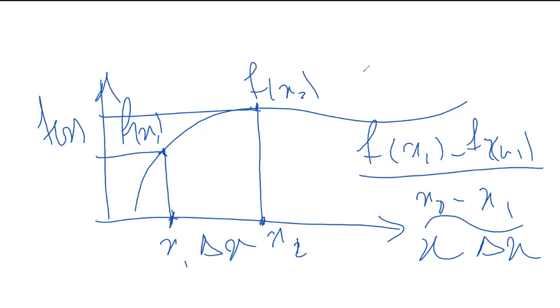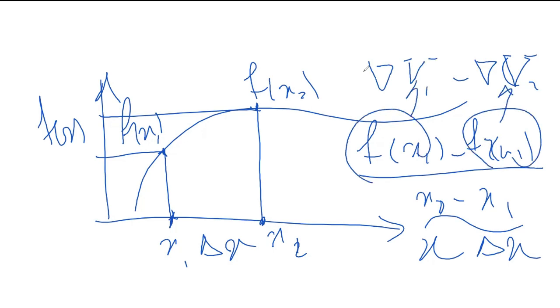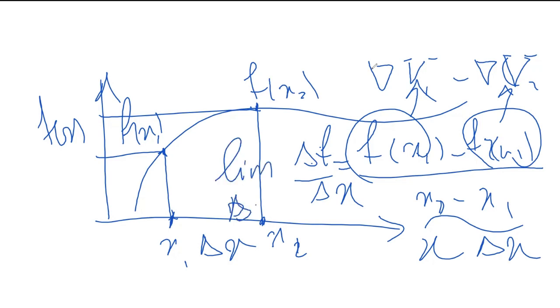In the case of the differential accelerometer, we have delta v2 minus delta v1. This is the definition of delta f over delta x. But the derivative means that I take the limit when delta x goes to 0.